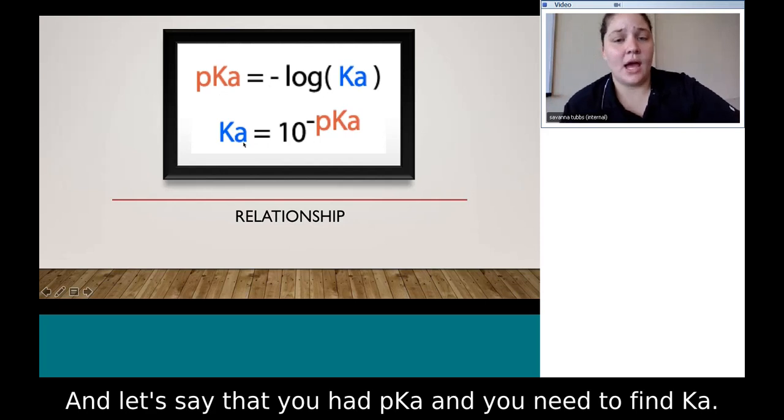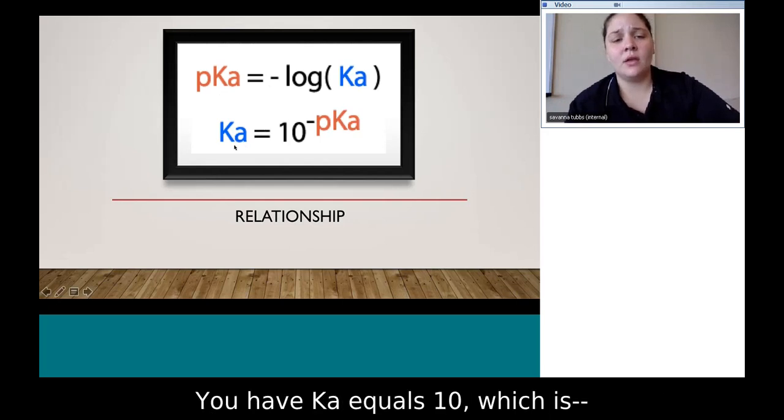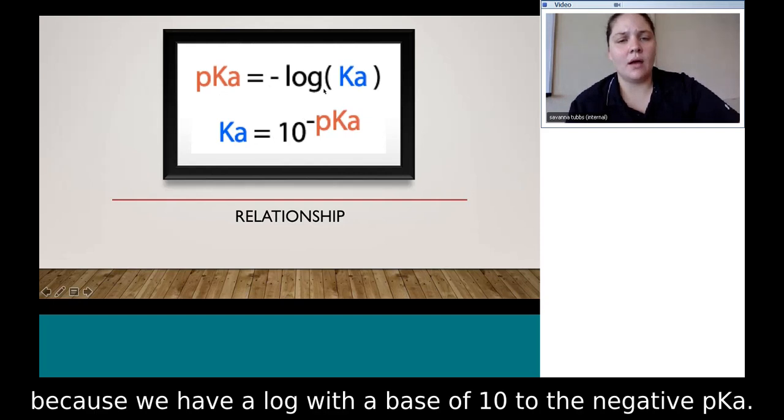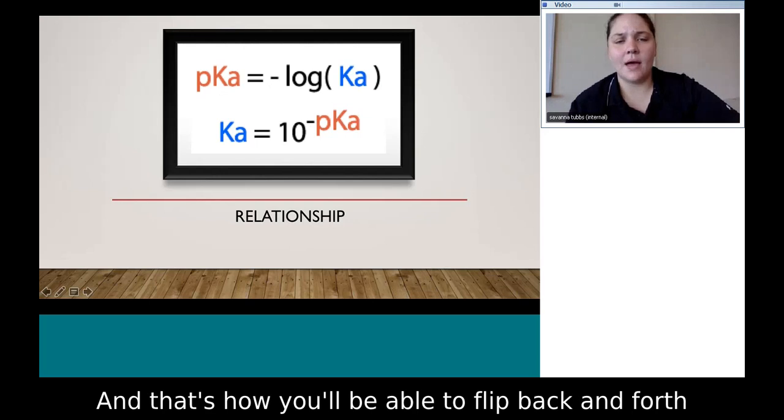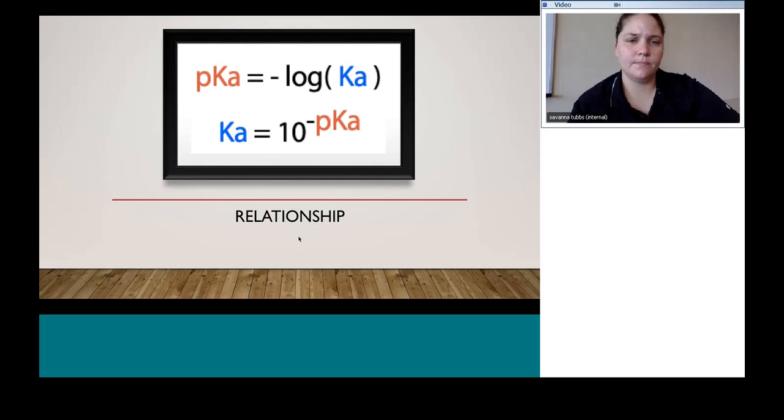And let's say that you had pKa and you need to find Ka. It's the same thing: Ka equals 10, because we have a log with a base of 10, to the negative pKa. That's how you'll be able to flip back and forth between the two variables.